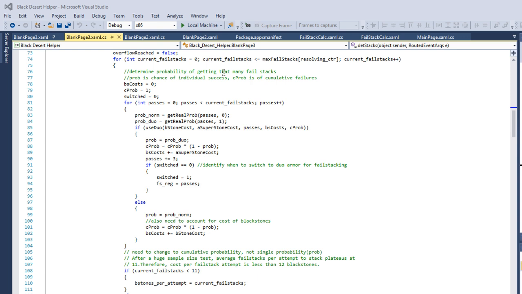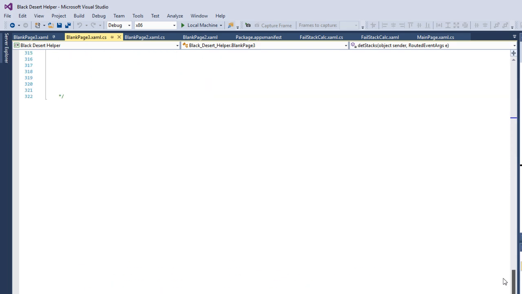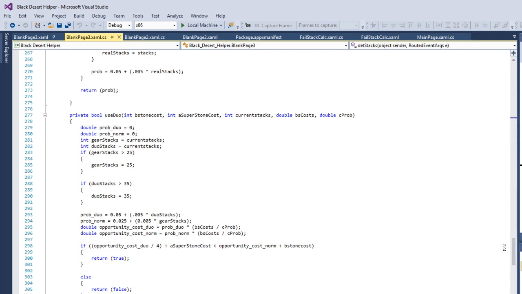So in this case, we calculate the probability of if you're using a plus 14 piece of gear, succeeding or failing, and the same probability as if you used a duo piece of gear to fail stack. And then it passes that on as a parameter to the useDuo function, which I have down here.